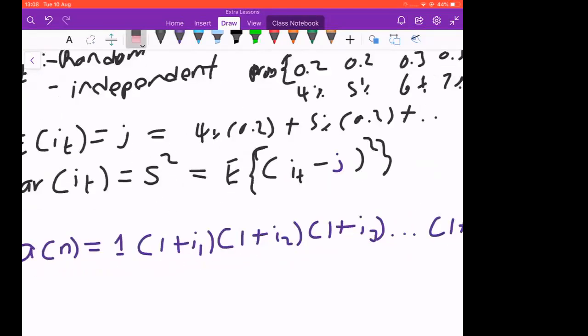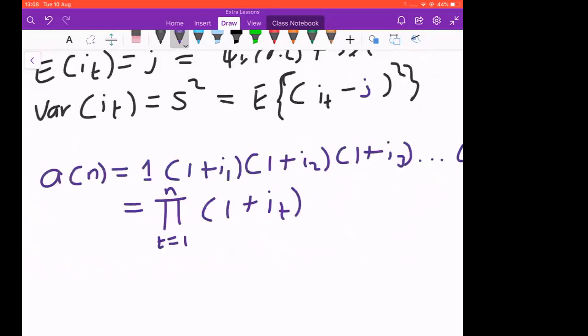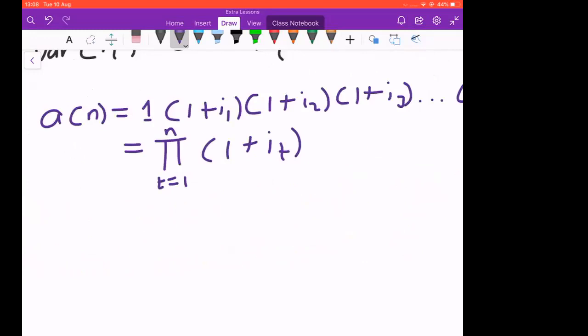You can write it simply like this: a_n is equal to the product of 1 plus i_t. So this is how you find the accumulated value of 1 rand, given that the interest rate is stochastic, right?